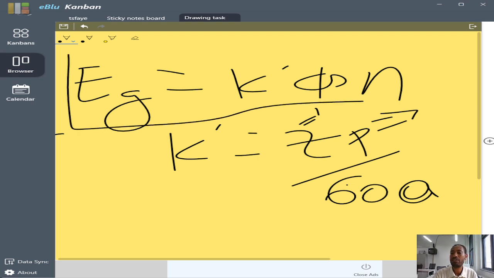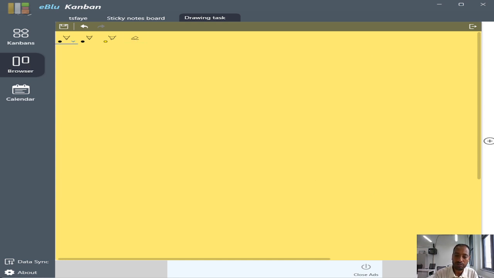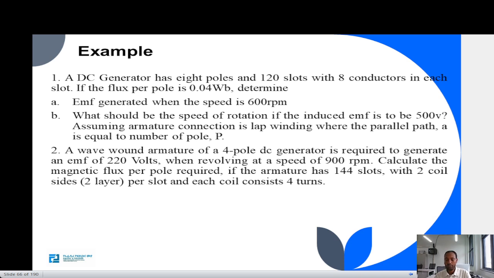We derived this in our previous section. We also attempted one example, and we'll proceed with a second example.